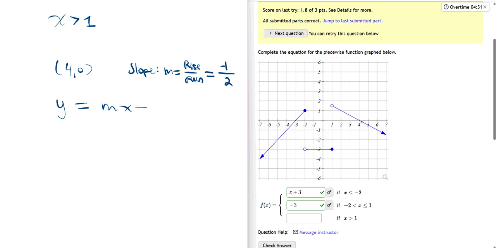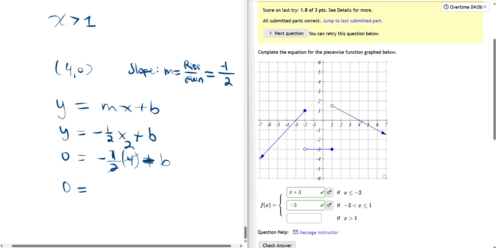So y equals mx plus b, replace the m with negative 1/2, then replace the y with 0 from my point that I chose earlier, and replace the x with 4. Half of 4 is 2, so 0 equals negative 2 plus b.